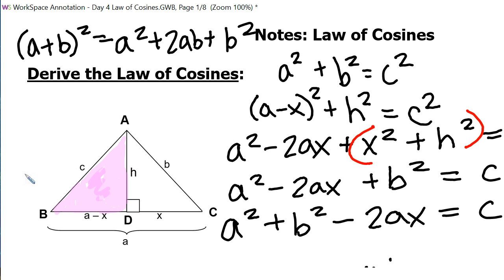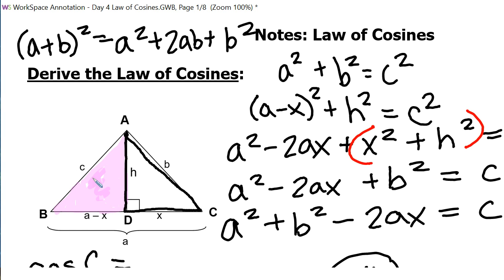Now let's come back over here and let's find the cosine of angle C. Remember, if you're using SOHCAHTOA, you have to be looking at a right triangle. So the right triangle that has angle C in it is this right triangle I'm highlighting in black. So how do you find cosine? Adjacent over hypotenuse.